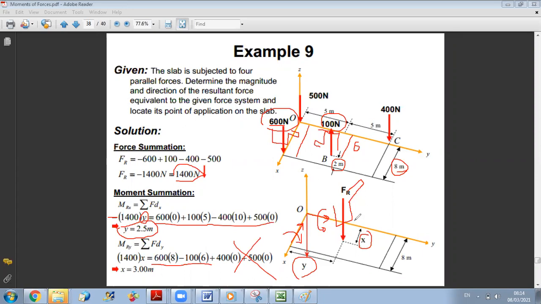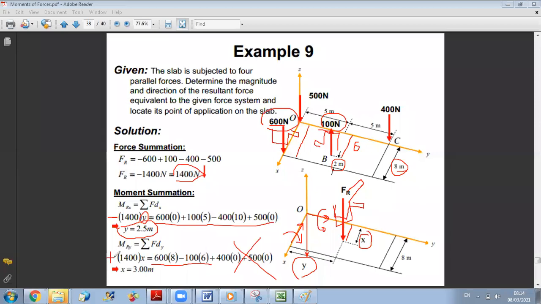And as you can see, since the moment is positive, I should displace in positive x in order to create this moment. Because if I do the right hand rule, when I displace in positive x, if I put my hand like this, then it will produce a positive moment about y. And this is why here it's a plus.